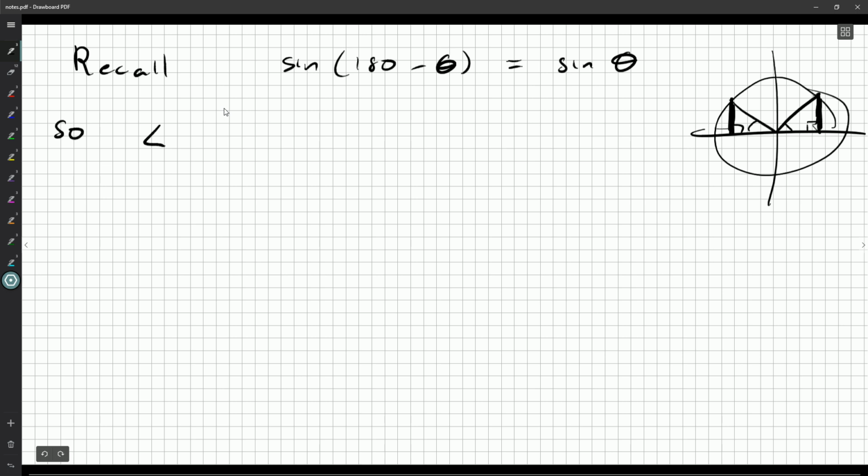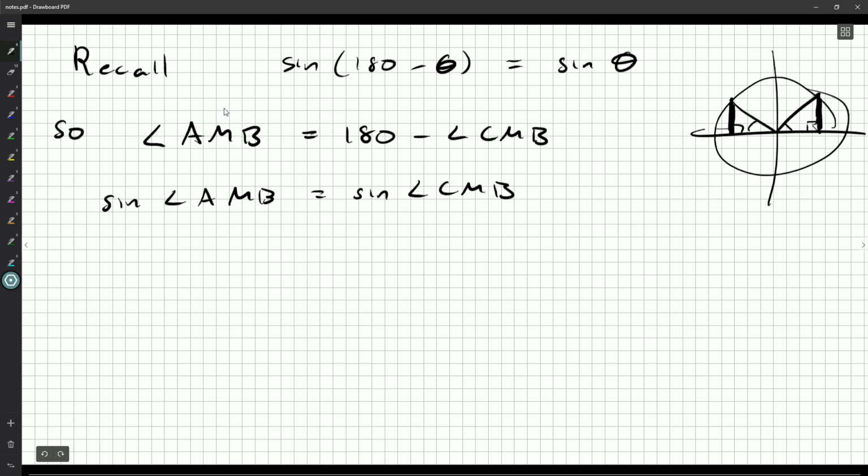So I can see that angle AMB is 180 minus angle CMB. And so the sine of AMB is the same as the sine of CMB.